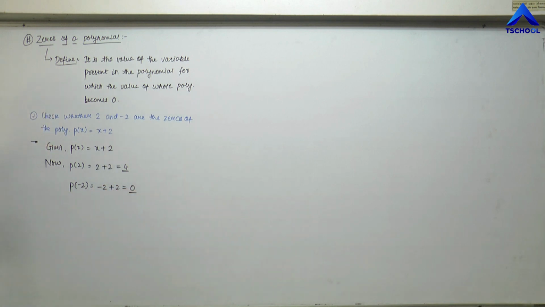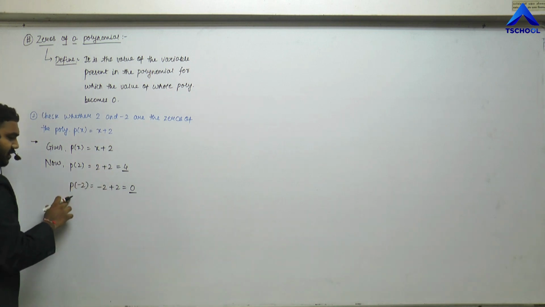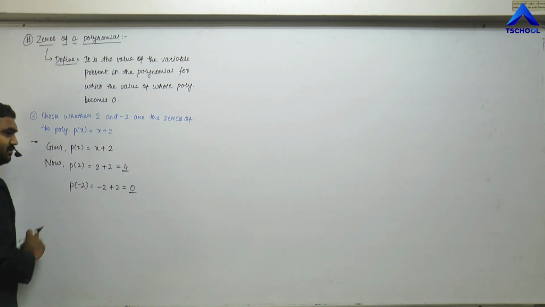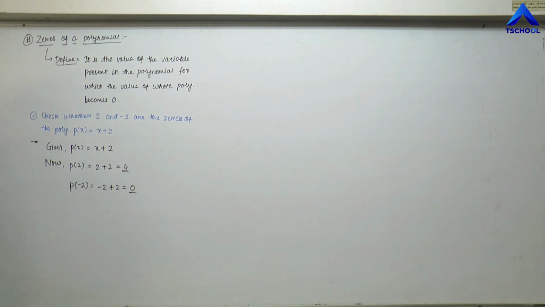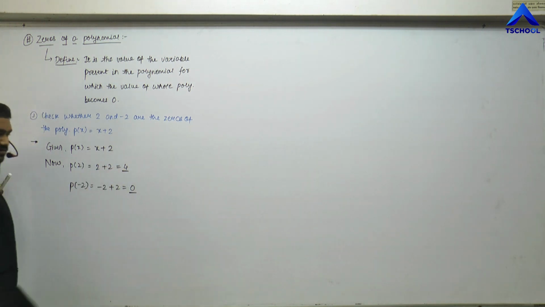So we shall look now for those values of the variables at which we get the value of P of x equals 0. That means if we get P of 2 equals 0 and P of minus 2 equals 0, then both the values are the zeros. But here we got P of 2 is equal to 4 and P of minus 2 is equal to 0.